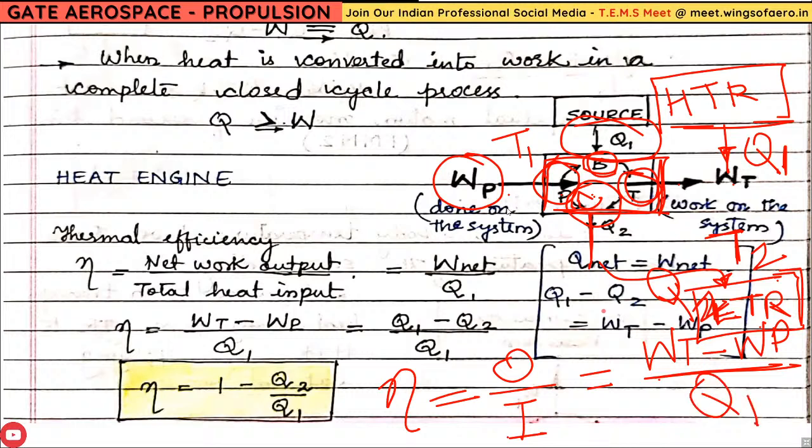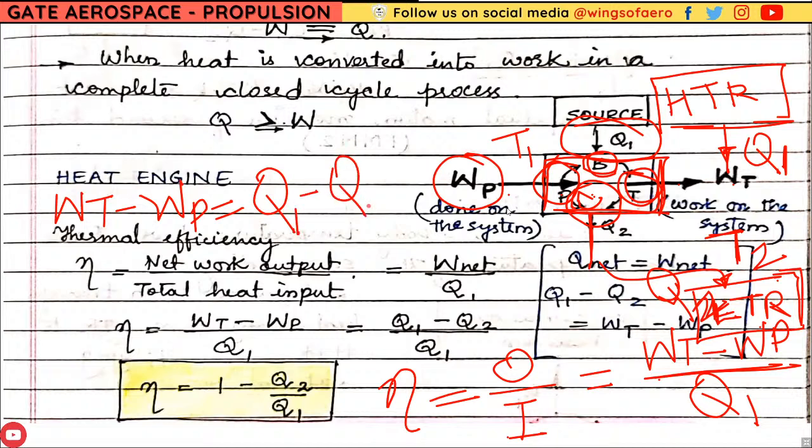Now can I say that the net work done, that is WT minus WP, is equal to Q1 minus Q2, right? So using this relation, we get the thermal efficiency like this.